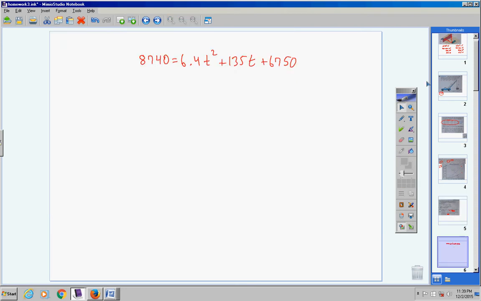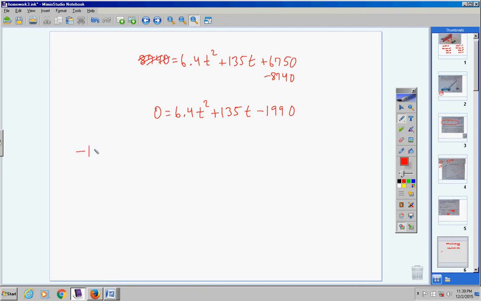And here we go. Alright, let's first of all bring this over and make it a negative 8740. So we're left with 0 equals 6.4t squared plus 135t. And then 6750 minus 8740 gives us a negative 1990. And here we go, let's solve the equation.